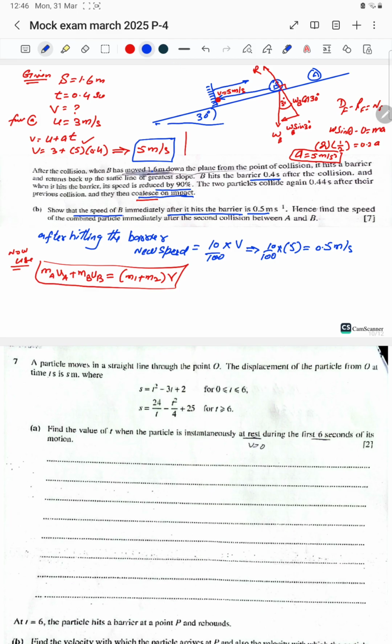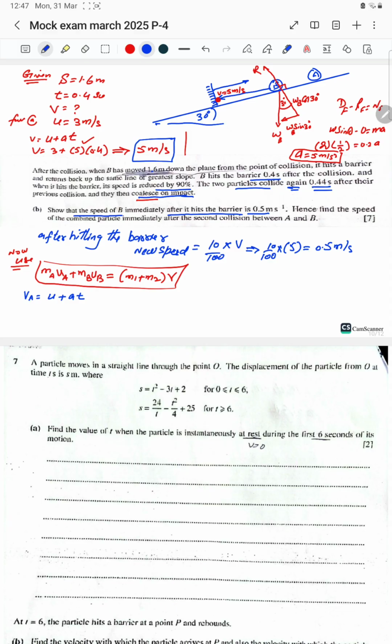So here we will go for the first, for A, the speed of A after collision becomes u plus at. So t is what is mentioned here. The two particles collide again in a time of 0.44 second.